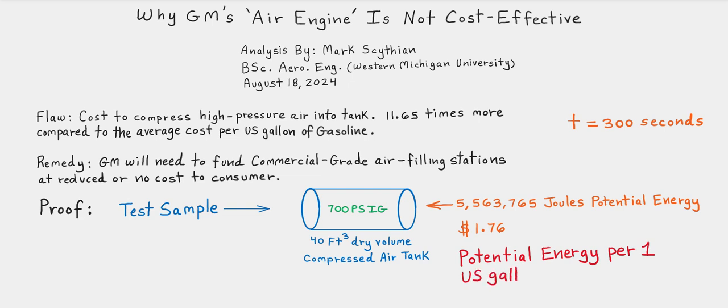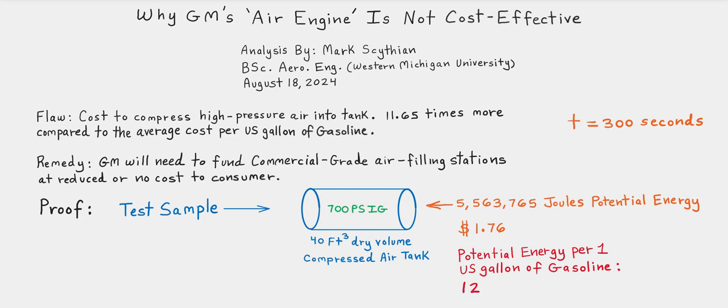And this is just a test sample, but what we're interested in is comparing this to the cost per joule of potential energy across compressed air versus gasoline. So 1 US gallon of gasoline has a potential energy of 120,000 BTUs, and we know there's 1056 joules to a BTU.